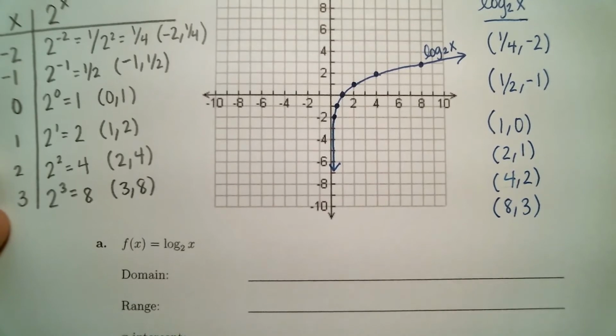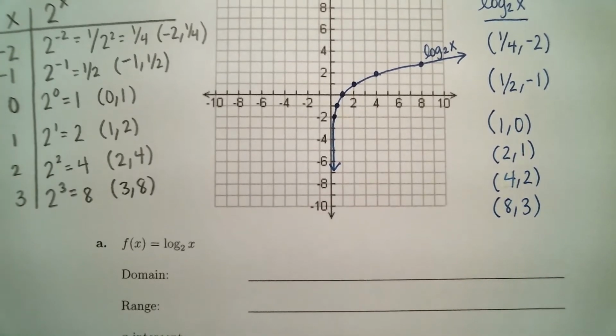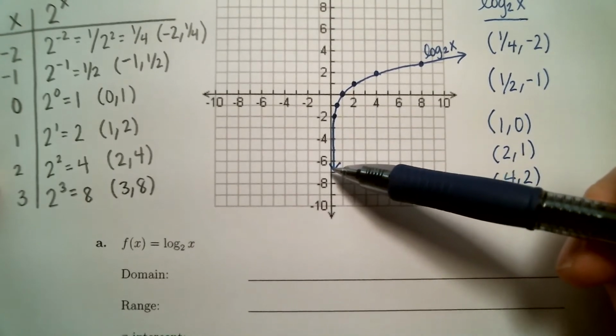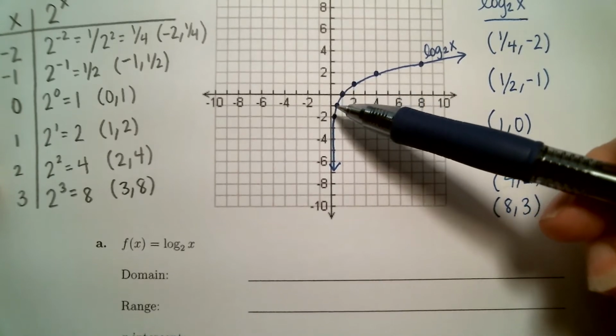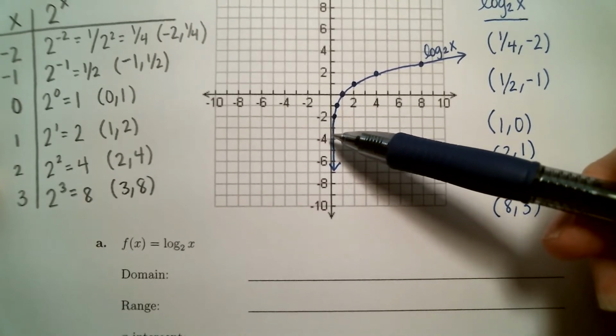All right, so now that we have our log graph, we're going to go ahead and list the attributes of the graph. First of all, the domain. You're going to go from your leftmost point to your rightmost point and write down x values. This graph gets closer and closer to the y-axis, but never touches it. Essentially, your x values are going like 0.5, 0.25, 0.1, 0.01, 0.00001.